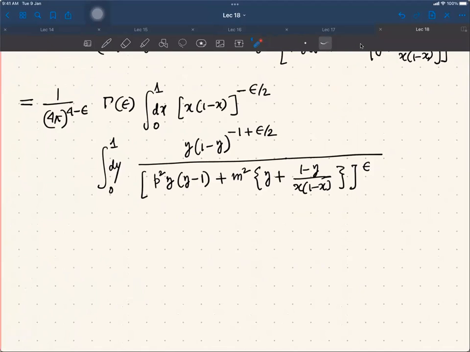And the divergence comes from the y going to 1 region. So this is finite. This has a divergence from the y going to 1 region.